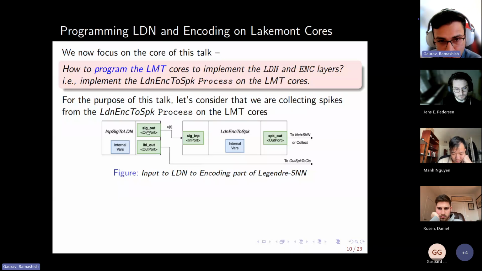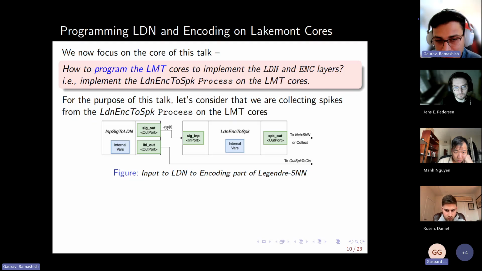Through one port it sends the univariate signal u_t, and through the other output port it sends the labels to the output classification process, which we'll not be talking about here, but you can look into my paper or the code on GitHub, and feel free to get back to me in case you have any questions. The signal which is fed from the input signal to LDN process is received in the LDN encoding to spike process. It has one input port and another output port.